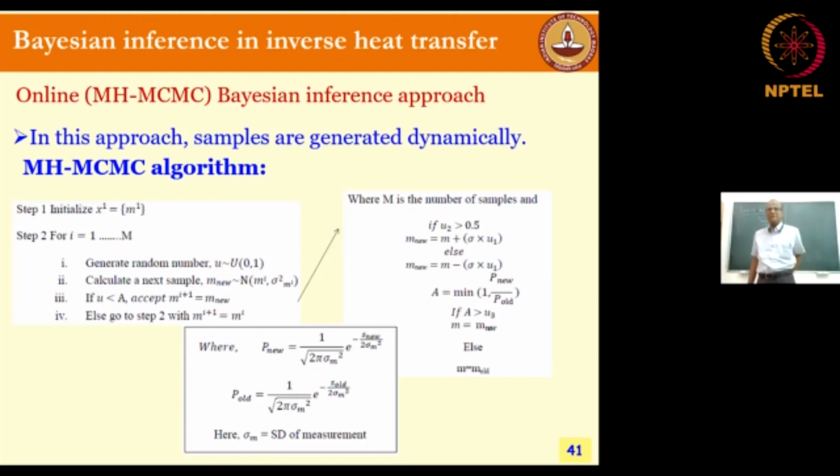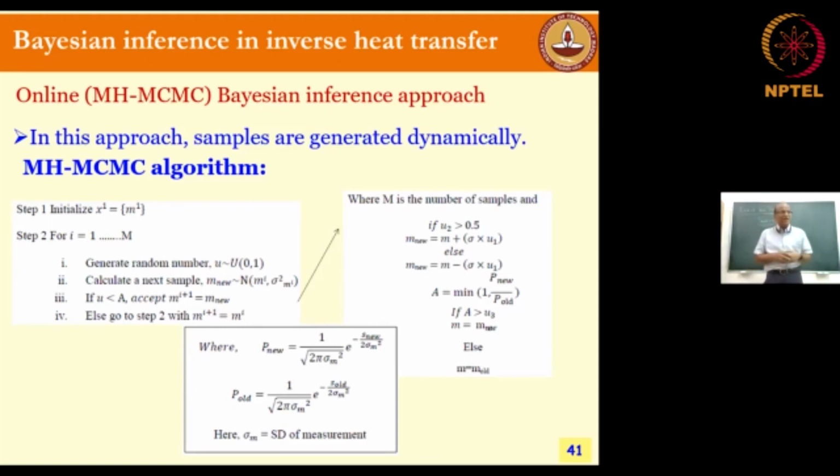Then based on that, equate it to P new and get the new X. If the second random number is more than 0.5, the new sample is old sample plus sigma into U1. If it is less than 0.5, it is minus. Then you calculate the acceptance ratio, minimum of 1, P new by P old. If A is greater than U2, accept the sample, else you go back.